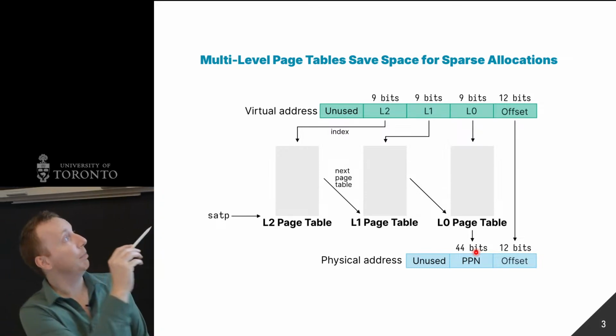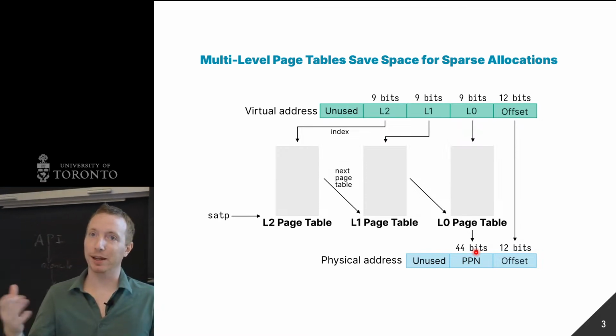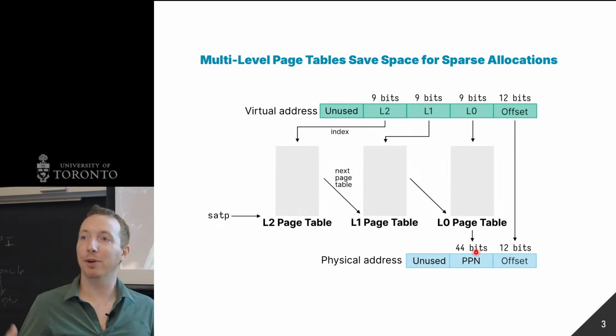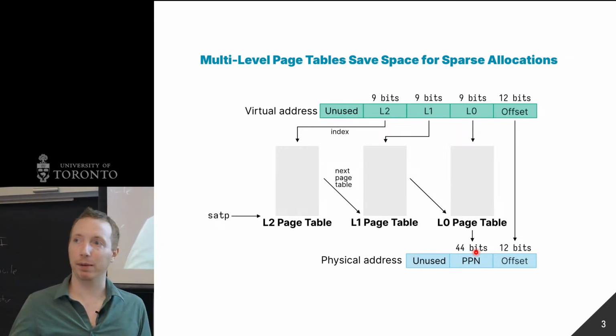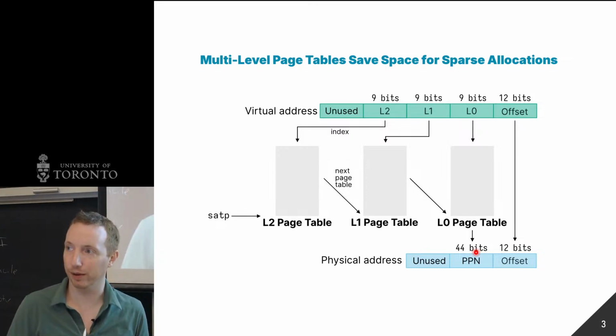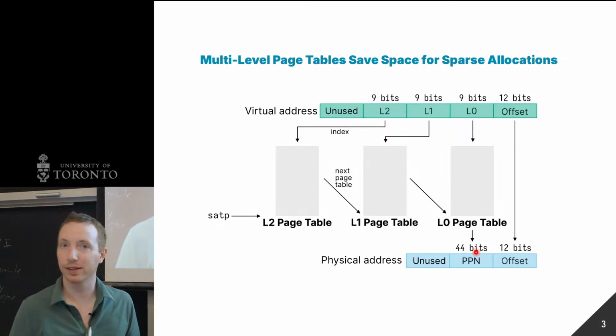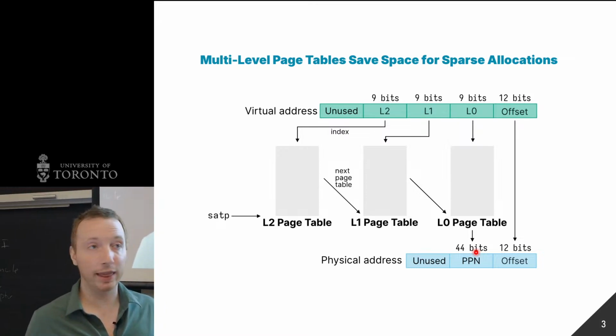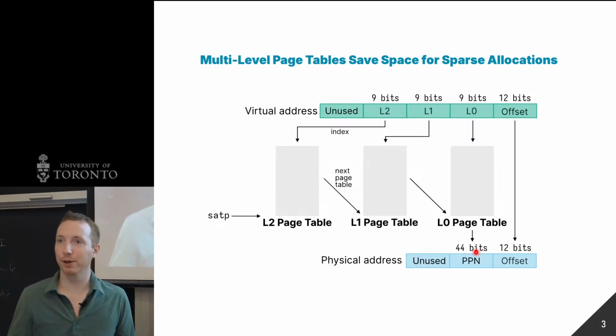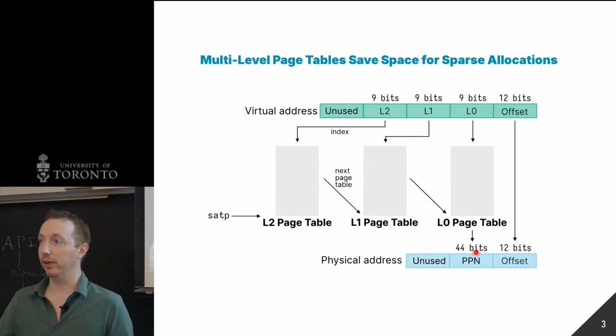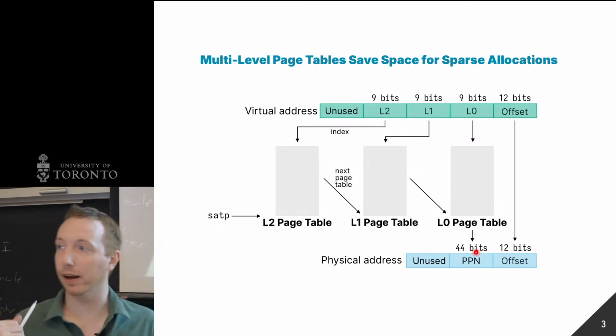So in this scheme here where I have 3 levels of page tables, how much memory do I need for page tables to translate a single virtual address? Because before, when we had that single giant page table, we needed a whole gigabyte even to translate a single address for a program. Yeah.